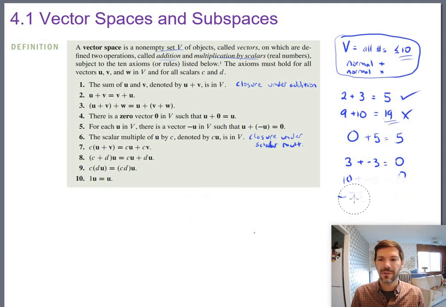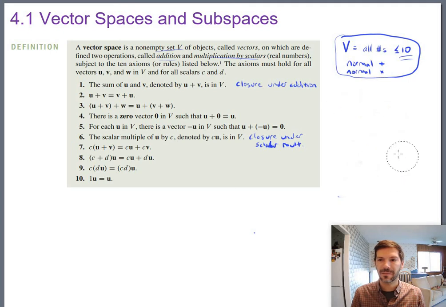Rather than all numbers less than or equal to 10, let's just say all real numbers. I think you could probably see that we are now going to pass all 10 of these conditions.